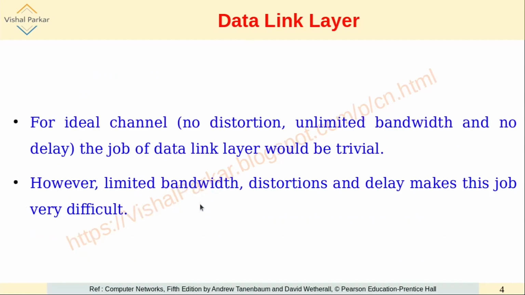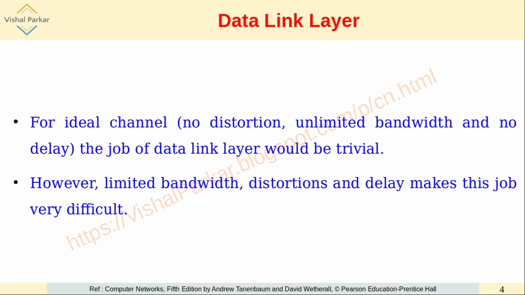Now, had that been one ideal channel where there are no distortions, no errors generated because the bits are not distorted from ones to zeros and zeros to ones, etc., and the channel had unlimited bandwidth and there was no delay. In this particular ideal channel, the data link layer's functionality would not be that required, because what is its functionality? To make the communication reliable.